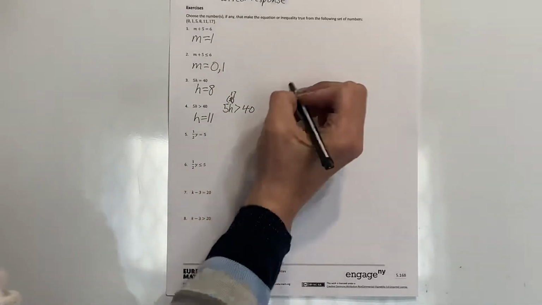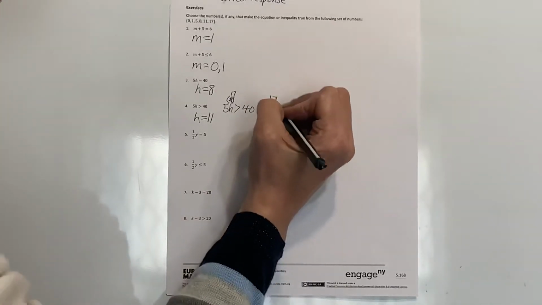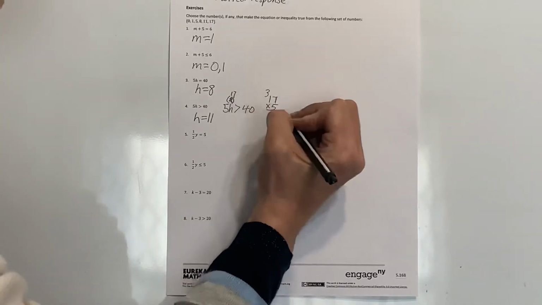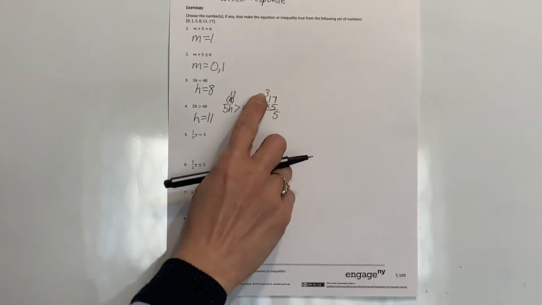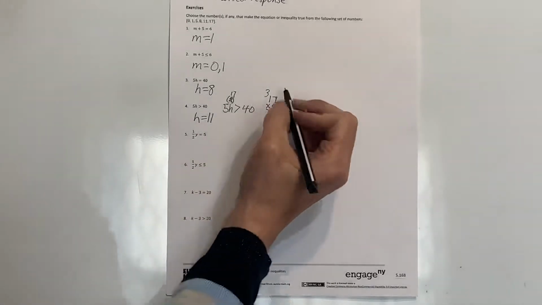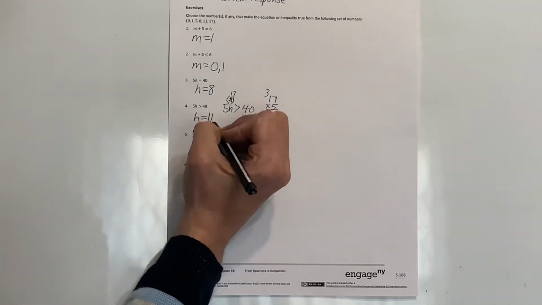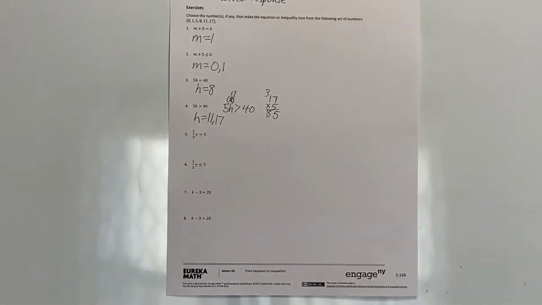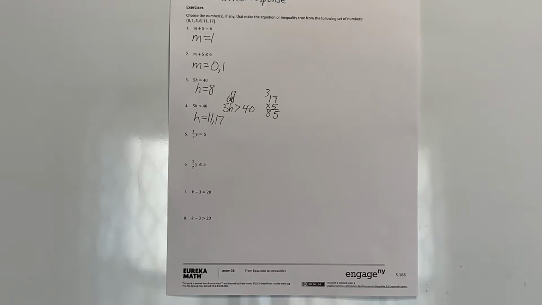Well, this isn't a basic fact, so if you want to write this out, 17 times 5, we've got 5 times 7 is 35, and then we've got 5 times 10 is 50, and 3 more 10s would be 80. 85 would be greater than 40. So 11 and 17 would work and get us a true answer.